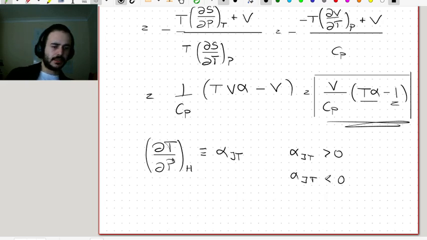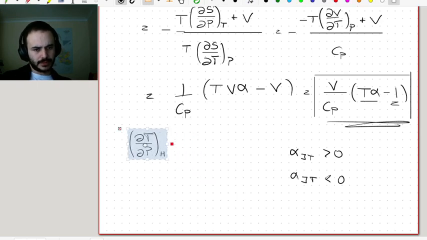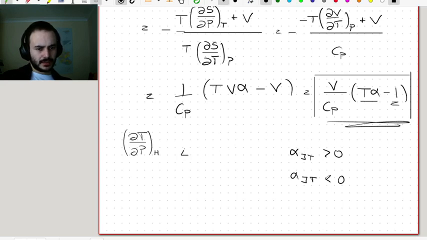And this has consequences because of what the coefficient means. Since the coefficient is the partial derivative of temperature with respect to pressure at constant enthalpy, if the coefficient is positive, it means that when I decrease the pressure, say on the two sides of the obstacle, because I have an expansion, then the temperature also goes down.